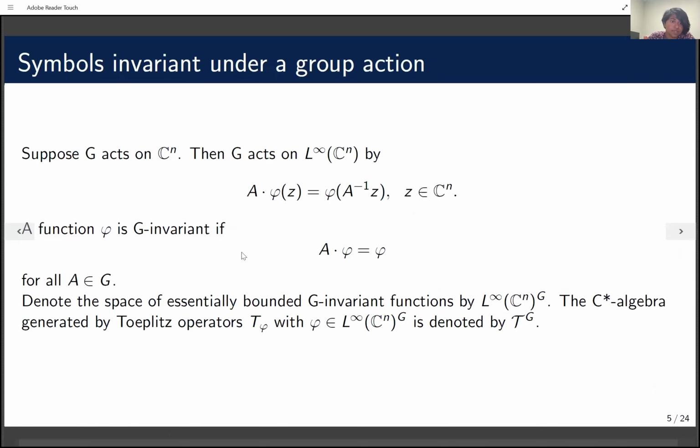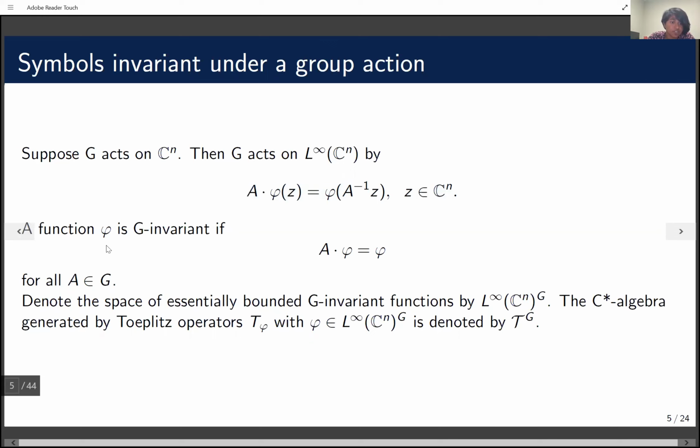The way we restrict the class of symbols is through a group action. Suppose a group G is acting on C^n, and then G induces an action on the symbols. If A is an element of G, A dot phi of z, we can define it by phi of A inverse z, where z is in C^n, and this gives us a group action on the symbols.